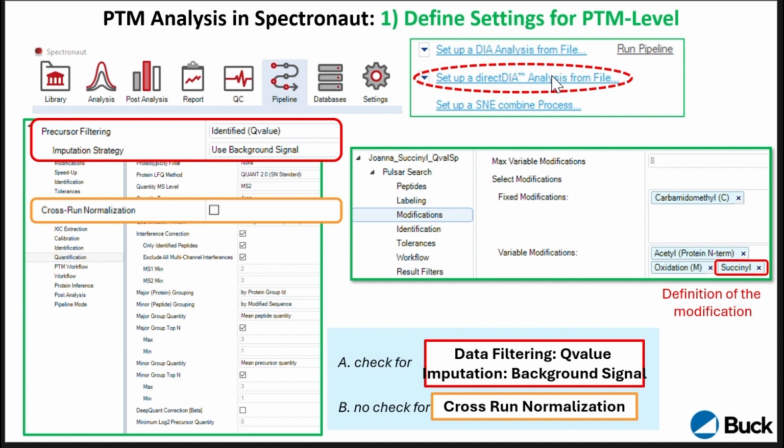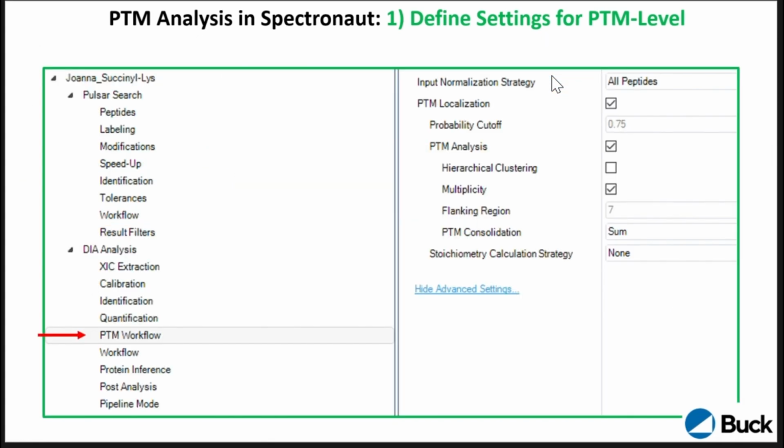And then you can choose the run normalization here, and in this workflow, we chose not to use the cross-run normalization because we're doing PTM normalization later. But those are all quite easy things to set up, and then from there on, you can always use the methods you have defined. So it's very convenient and easy.